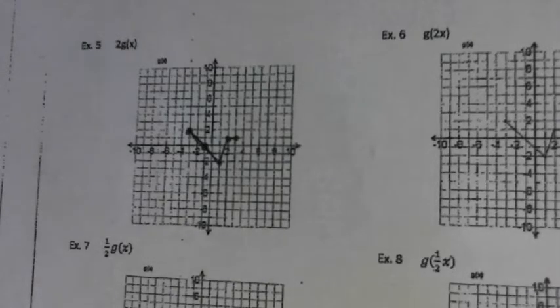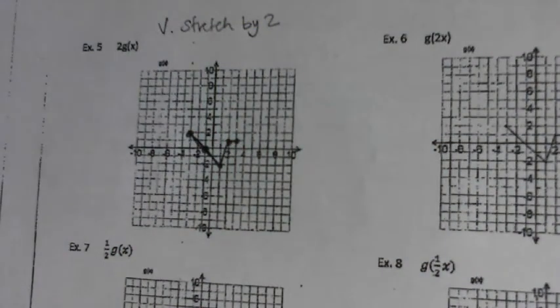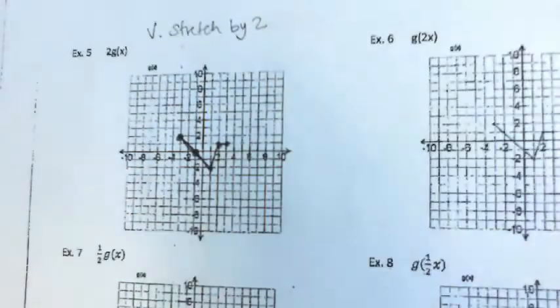Start with horizontal or vertical. Vertical. Yep. Vertical, stretch by 2. So every point isn't going to move the same number of units anymore. Okay? What's happening is we're vertically stretching away from the x-axis.